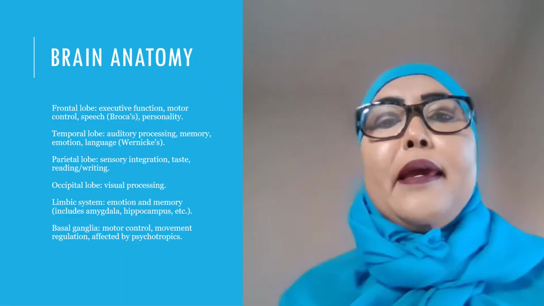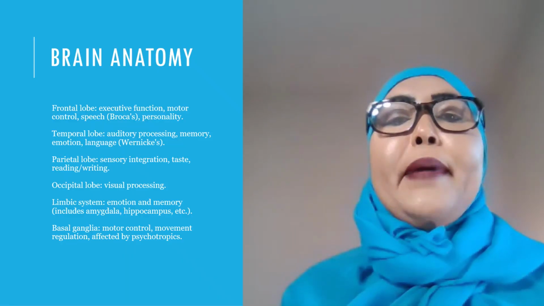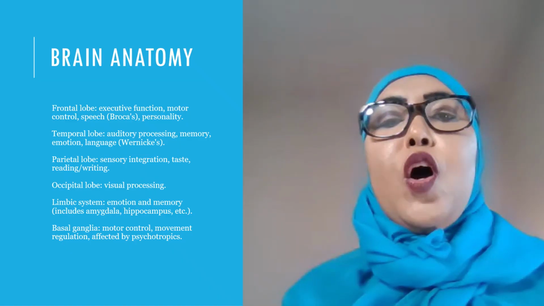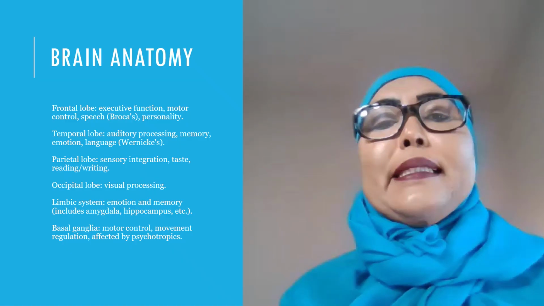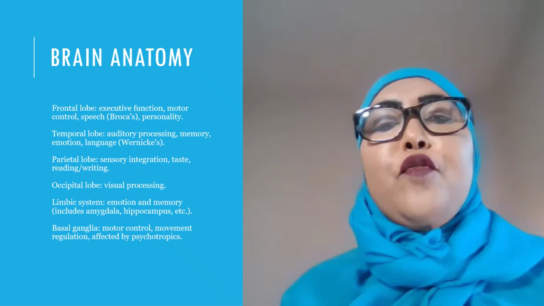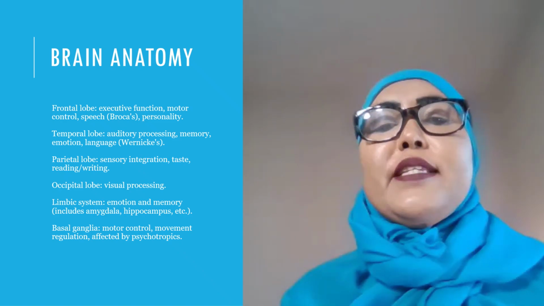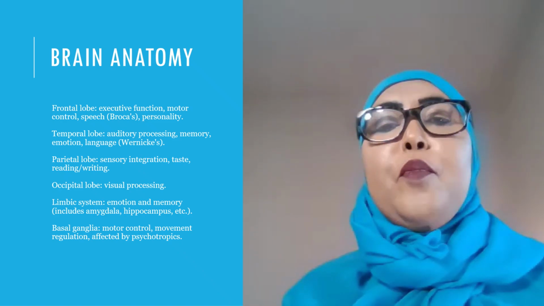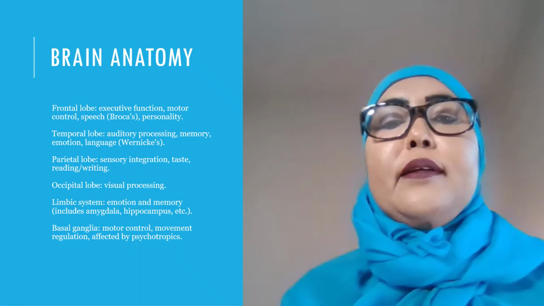Brain anatomy. Brain anatomy includes frontal lobe, temporal lobe, parietal lobe, occipital lobe, limbic system, and basal ganglia. Frontal lobe controls executive function and motor control, and there is a speech center in there.